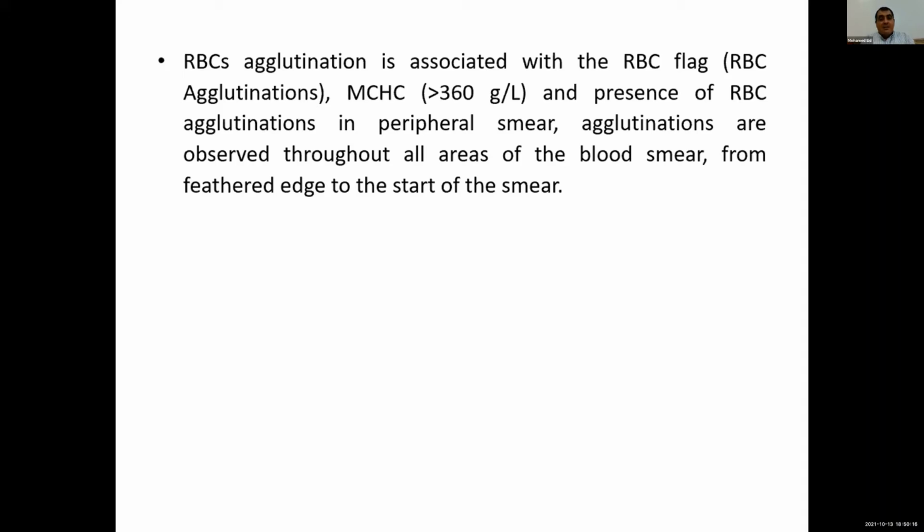And by examination of the peripheral smear, we will find RBC agglutination. Many agglutinates will be seen through the peripheral blood smear examination, and these agglutinates are observed throughout all areas of the blood smear from the feathered edge to the start of the smear.